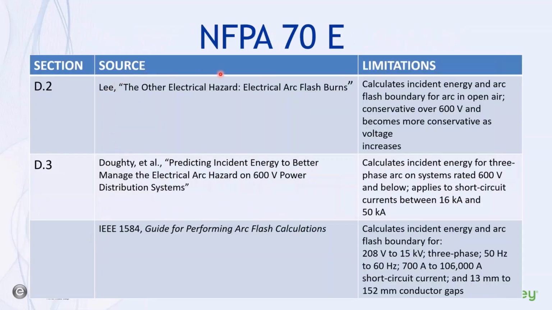So in NFPA 70E, one thing to point out, just as an aside, NFPA 70E is considered a consensus standard. And what that means is it doesn't necessarily hold the letter of the law.